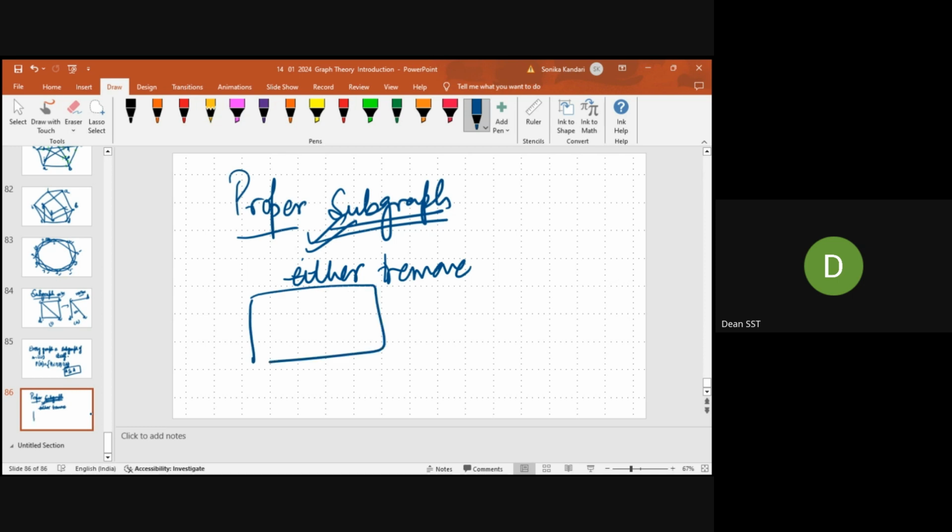For example, let me show that this is a graph. And if we remove these edges, then this is a proper subgraph.